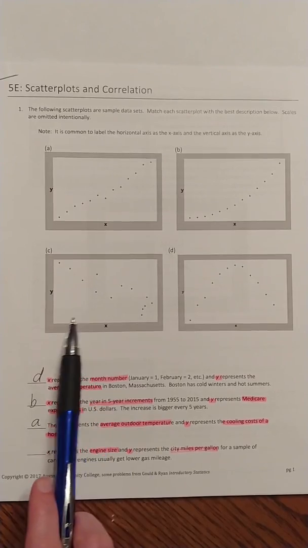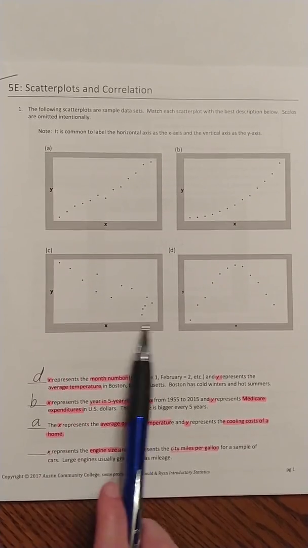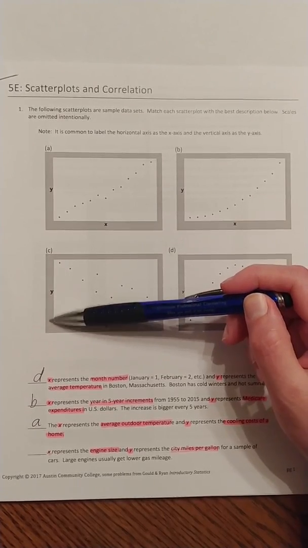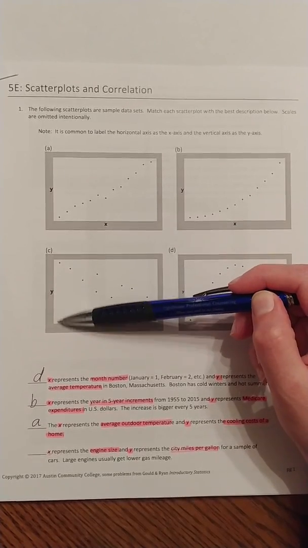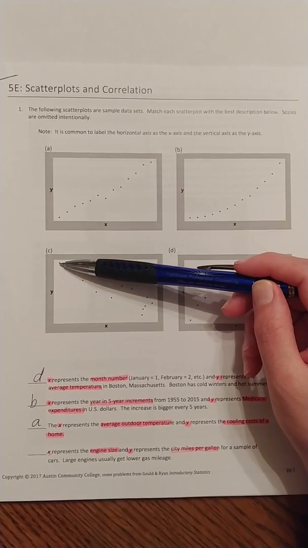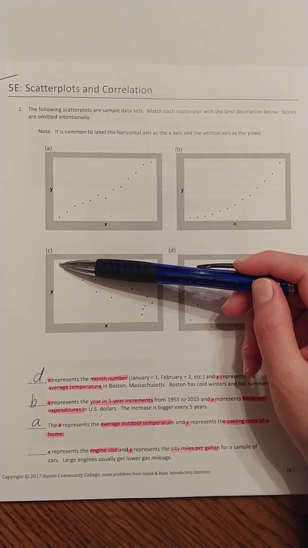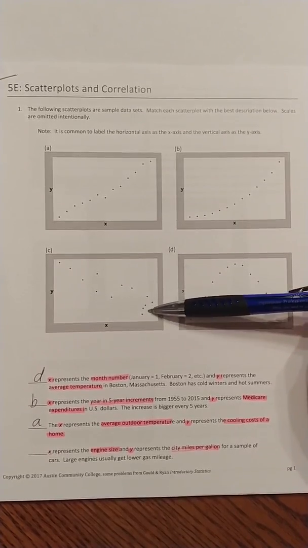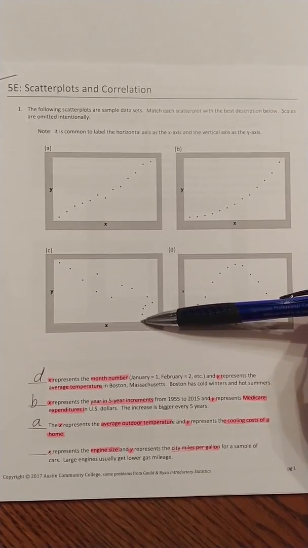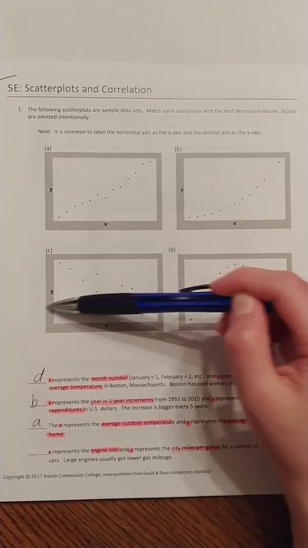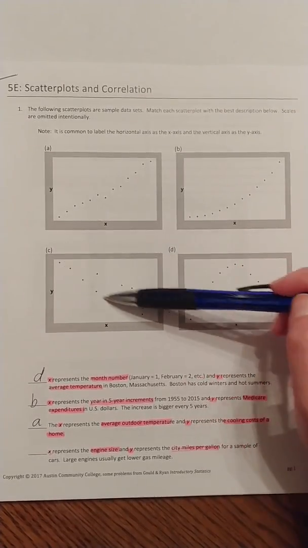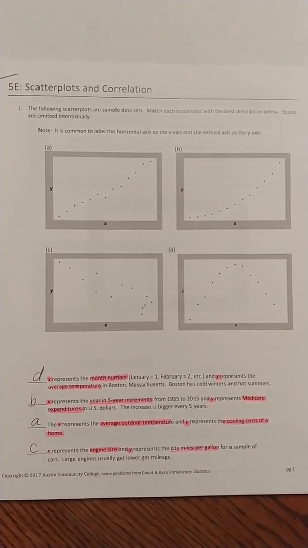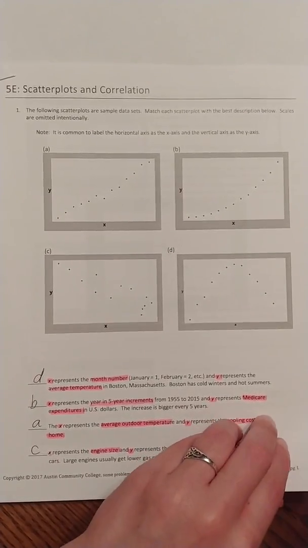Because X is the size of the engine, so small engines to large. And here we have small mileage to large mileage. So here it's saying that if your engine is small, you're going to have a high mileage. And if we look at the last points over here, it's saying that if you have a large engine, you're going to get a low mileage. And so that does definitely fit this description. All right, let's continue.